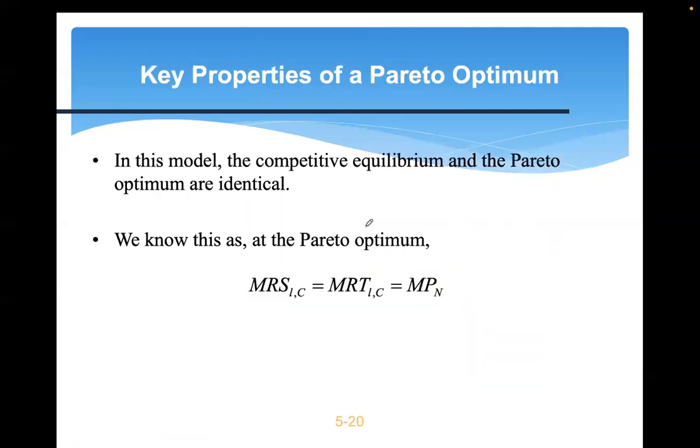So in Pareto optimal, you have marginal rate of substitution equal to marginal rate of transformation. And finally, this is equal to marginal productivity of labor. Now let's go back.